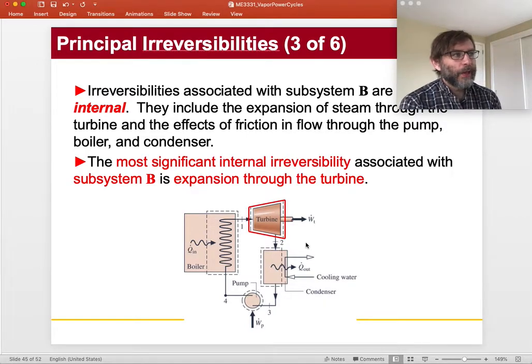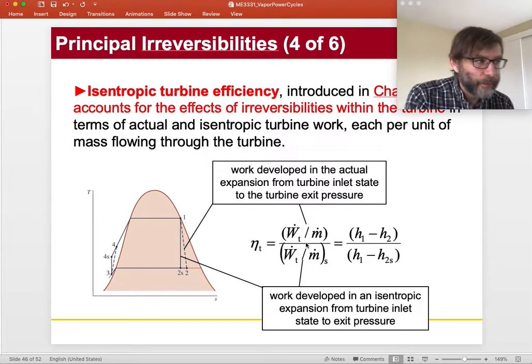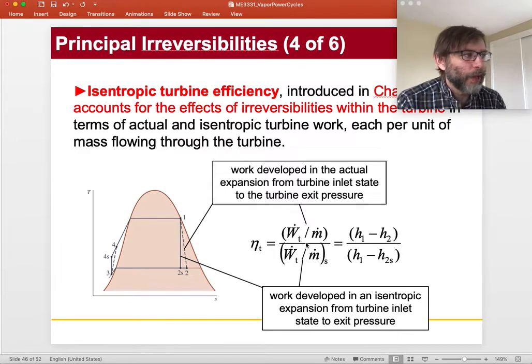So the most significant internal irreversibility is through the turbine, where you have some friction, and luckily, last week we went through the first law efficiency of the turbine and compressor subsystems. So we should be able to easily analyze this, because remember, the efficiency of the turbine is equal to H1 minus H2 divided by H1 minus H2S, where H2S is the isentropic enthalpy, so where S1 equals S2S.